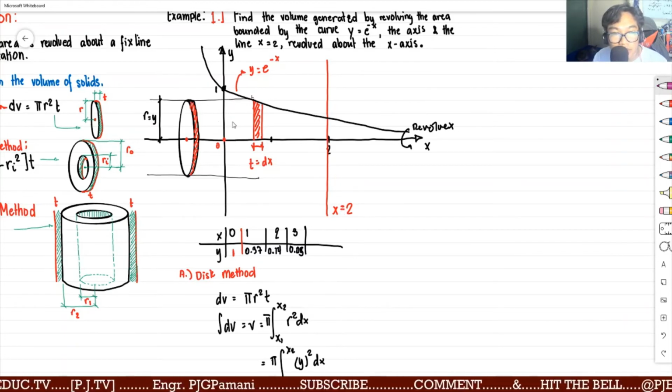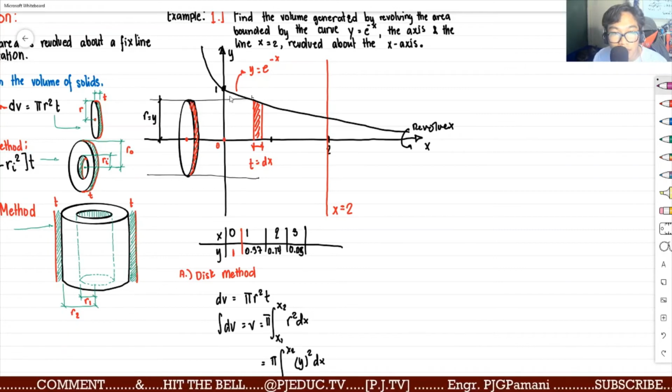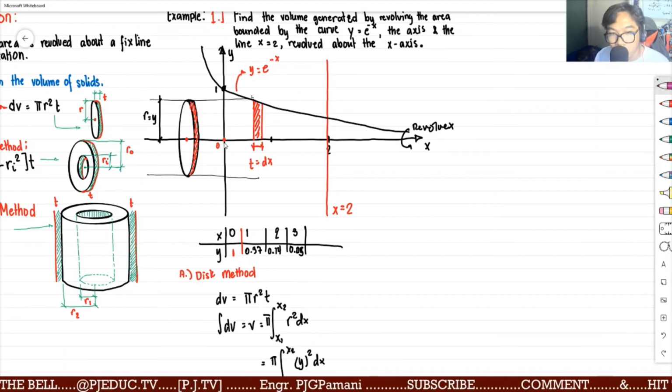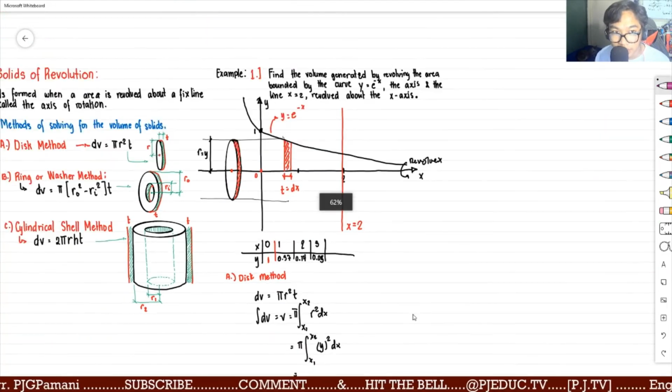So, itong section na to yung kailangan nating makuha ang volume. So, from what point? Yung volume natin, that is from point 0 to the line x equal to 2.